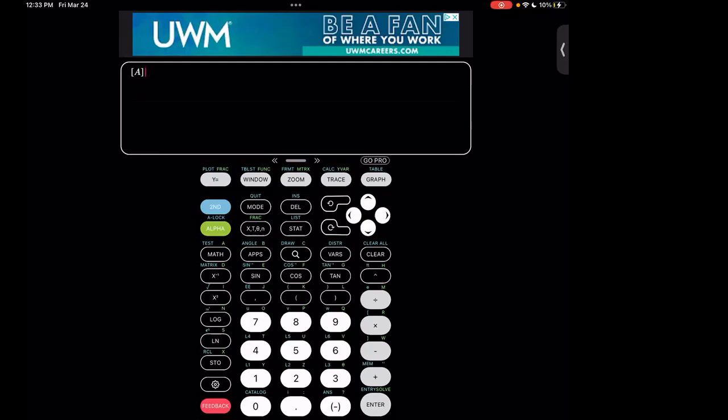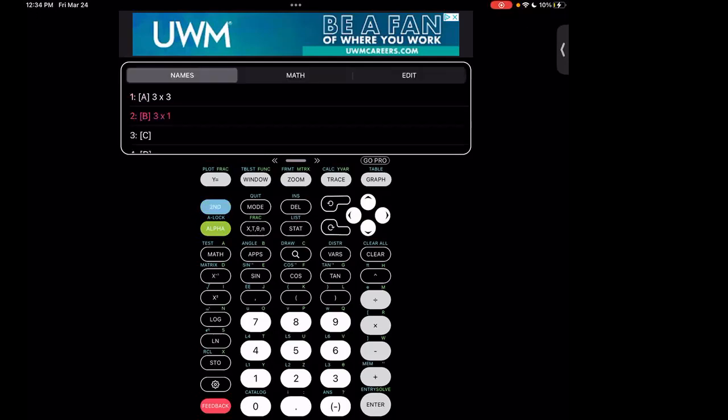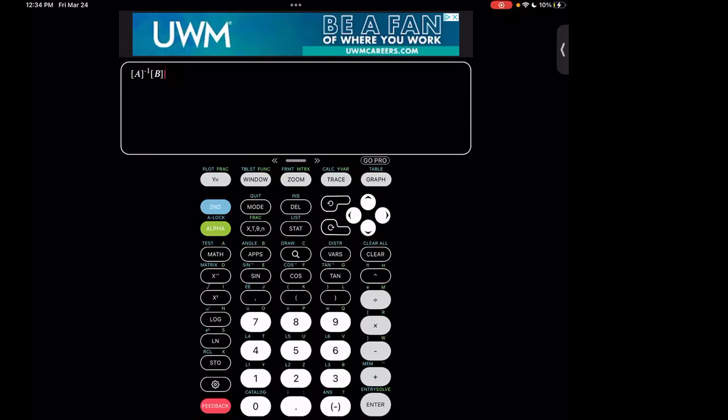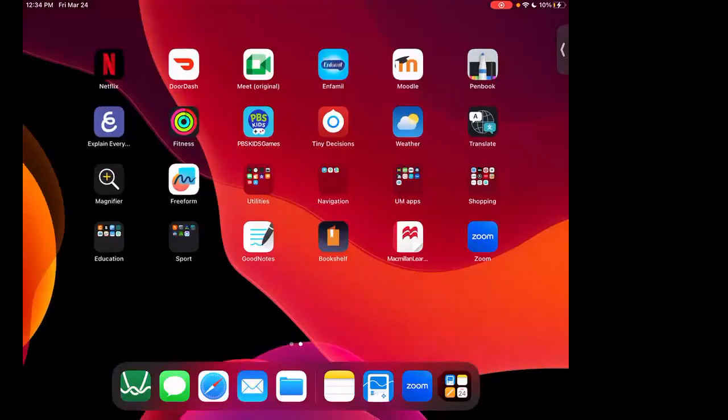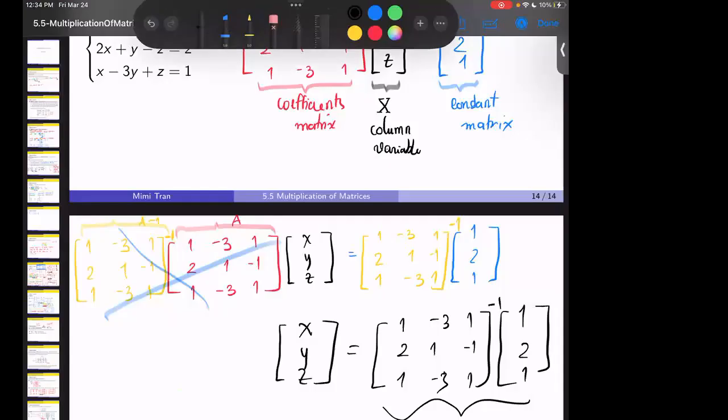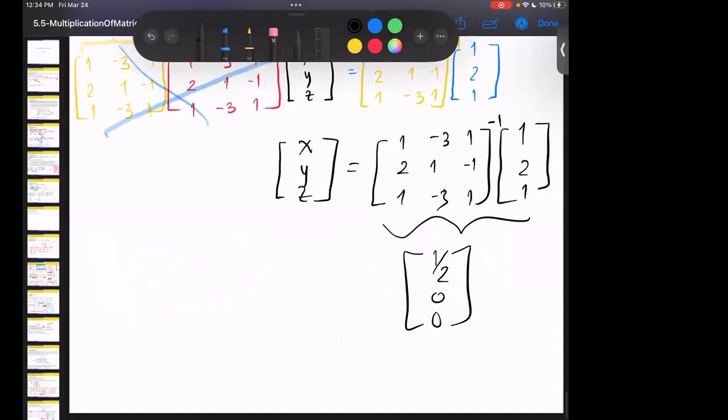Once you have A, just press the X inverse button. You turn A into A inverse. Then second matrix, put the cursor down to B, enter again. There's your solution, 1/2, 0, 0. That's X, Y, Z.